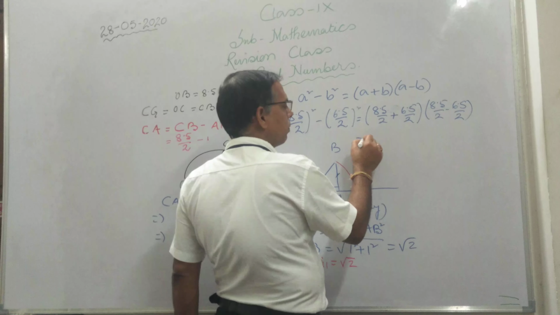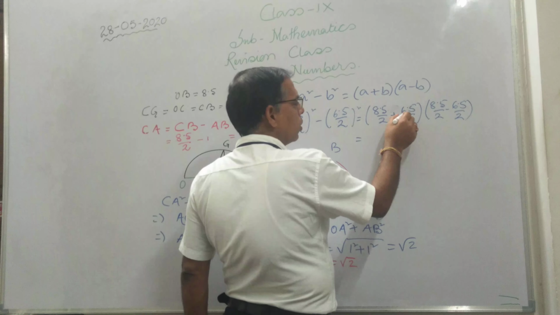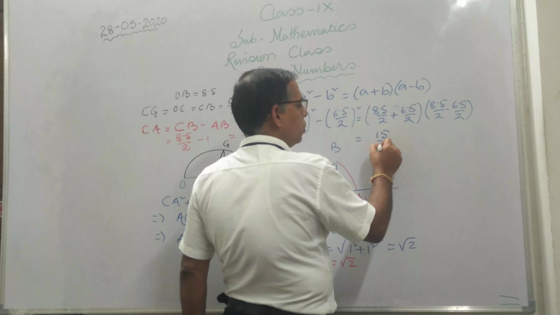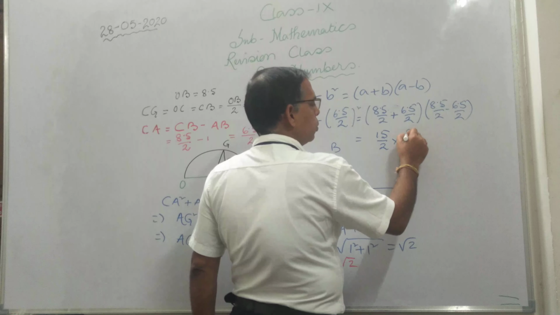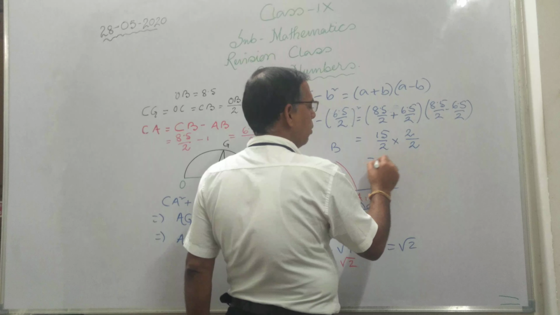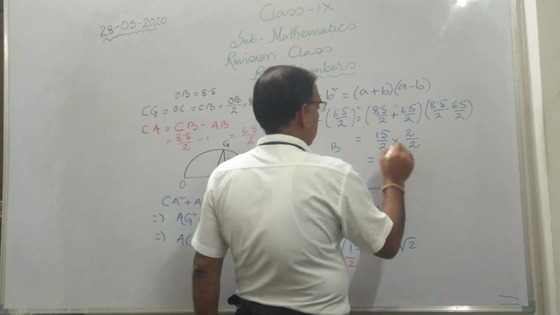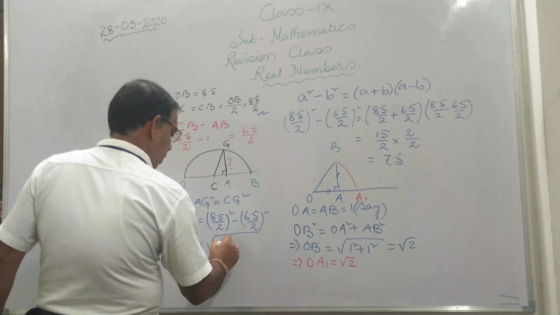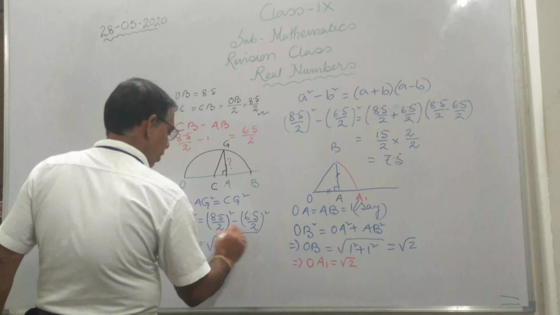Then 8 plus 6 is 14, 14 plus 1 is 15, 15 by 2 into 2 by 2. So ultimately how much? 7.5. And we need 7.5, okay? So under the root, 7.5.